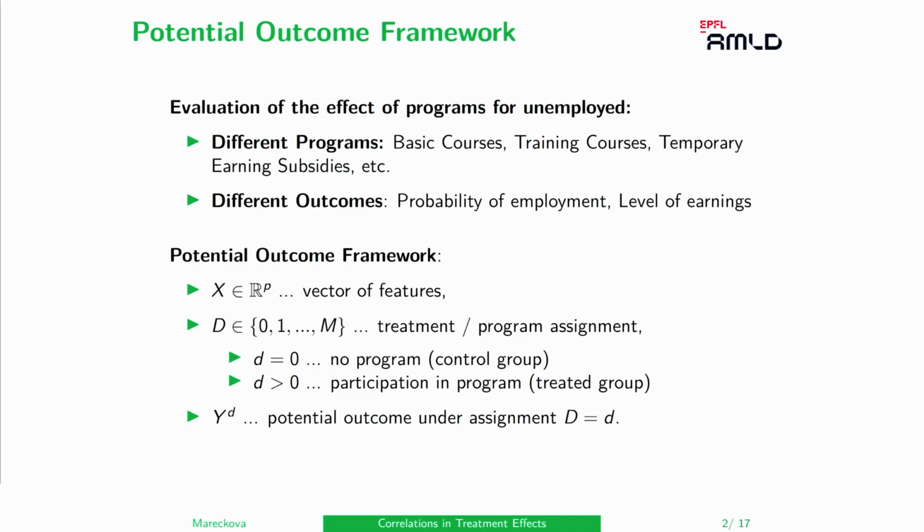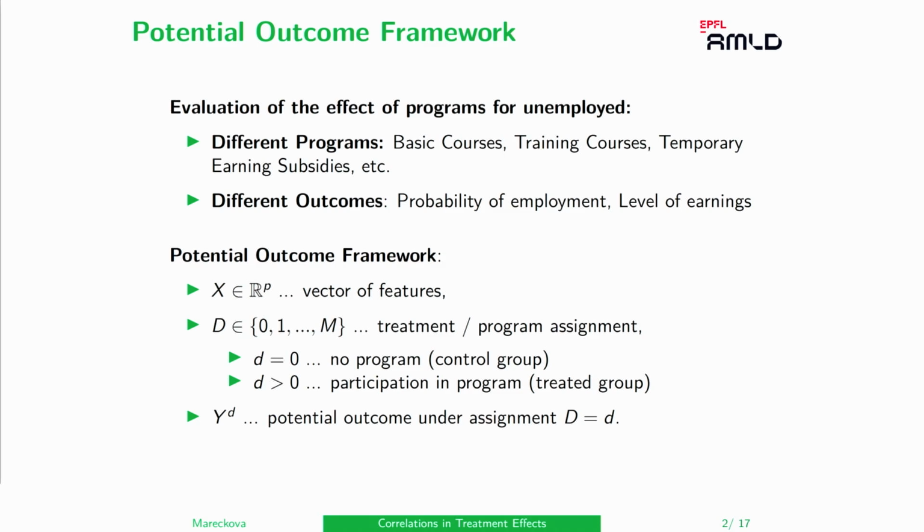Then we have the variable D, which codes the treatment, or in other words, the program into which the unemployed person was assigned. So if an unemployed individual did not go to any program, this is typically coded as 0, and then we call this group of individuals the control group. If the unemployed individual attended a program, then some non-zero value labels the program the person attended.